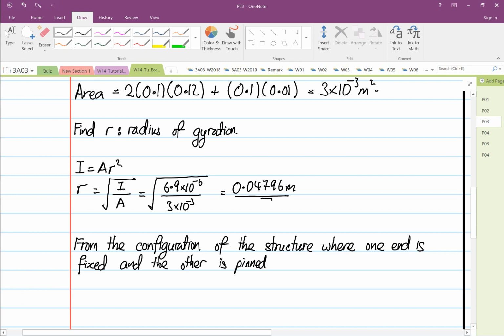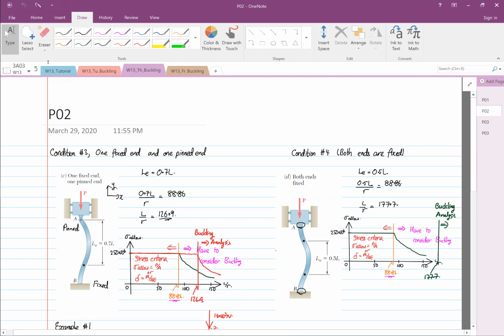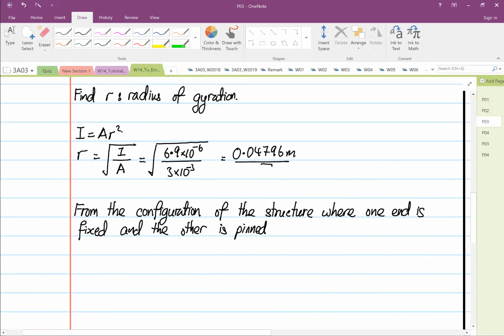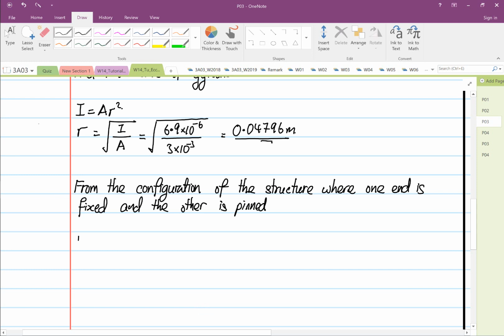So when we see that, we go into week 13, right? One end fixed, one end pinned. LE is equal to what? 0.7 L. So LE is equal to 0.7 multiplied by L, which is 6, and this is equal to 4.2 meters. Okay, so that's our LE.